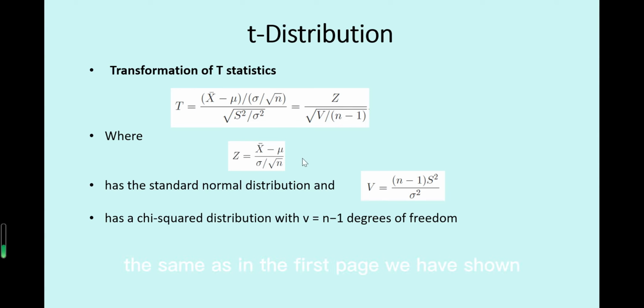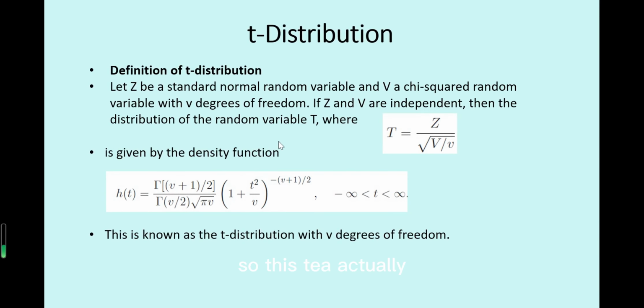Here z is the same standard normal statistic we showed on the first page, and v equals n minus 1 times s squared divided by sigma squared. Sigma squared and sigma are unknown, but this term has a chi-square distribution with n minus 1 degrees of freedom. So this t is actually the division of two parts: a standard normal variable divided by the square root of a chi-square variable over its degrees of freedom.